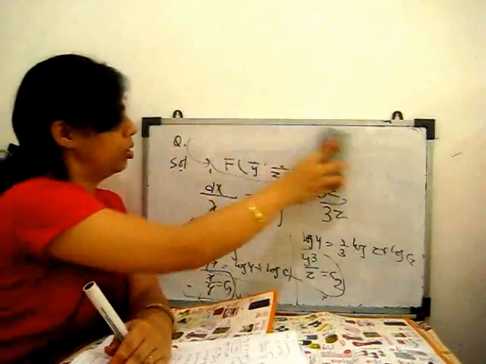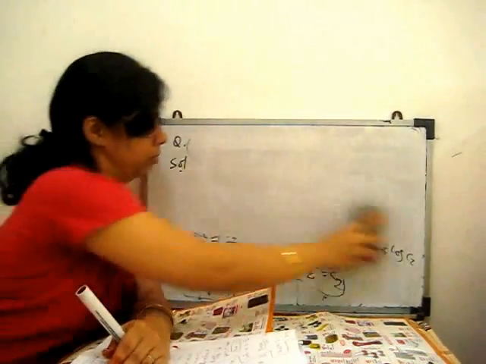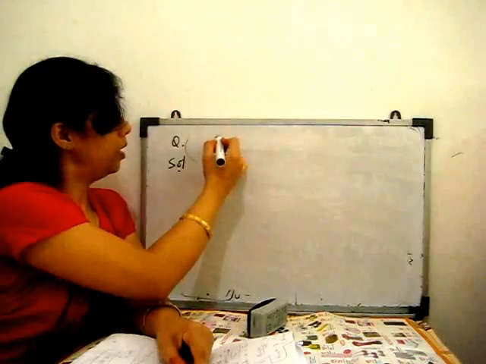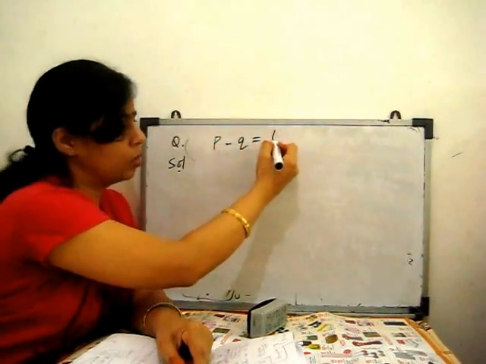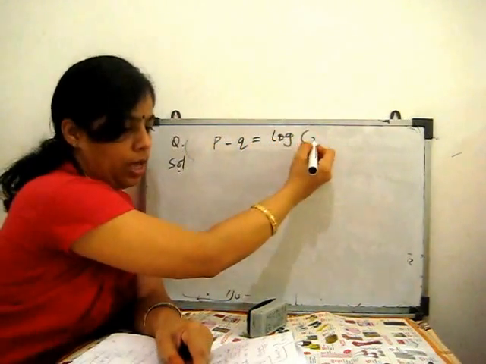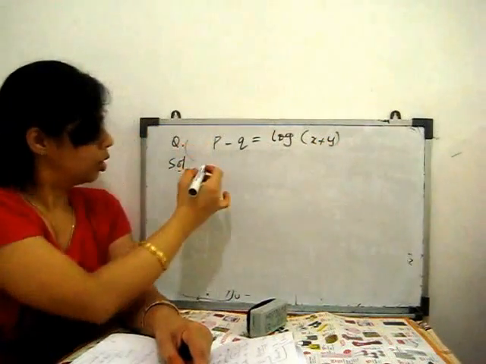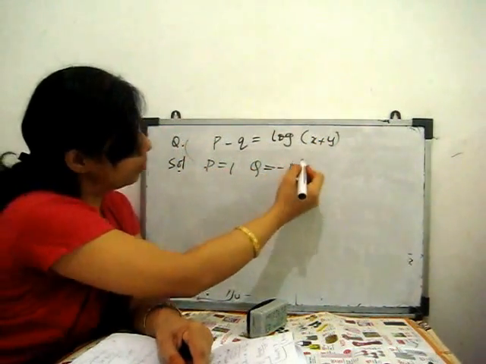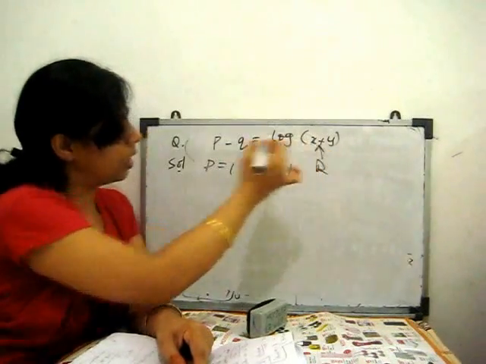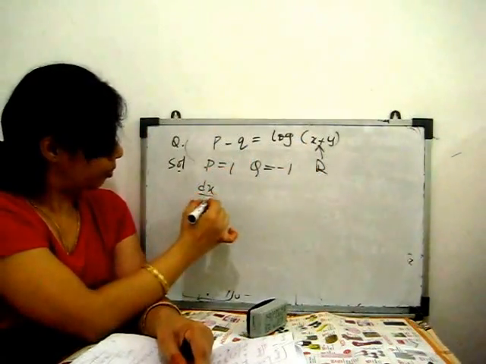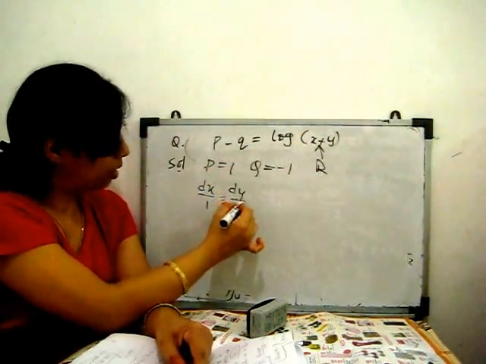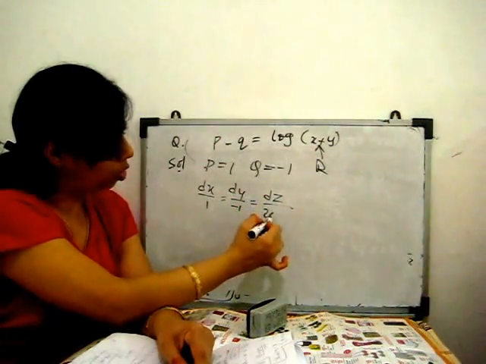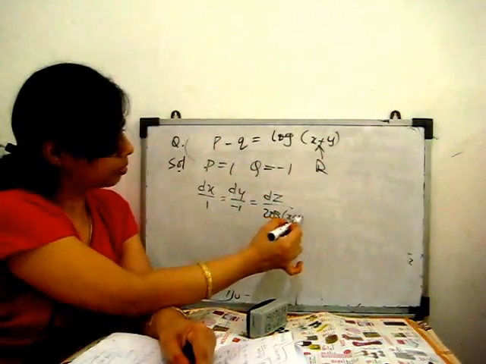So another question: if p - q = log(x + y). So capital P is 1, capital Q is -1 and R is log(x + y). So dx/1 = dy/(-1) = dz/log(x + y).